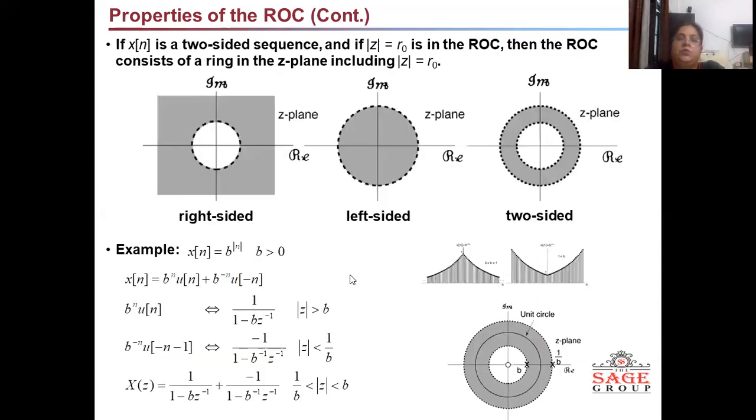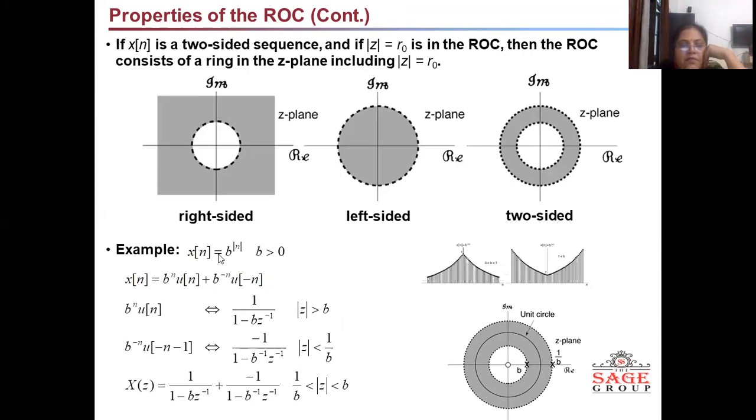If x[n] is a two-sided sequence, meaning it contains all the signal from minus infinity through 0 to infinity, and mod of z equal to r naught is in the ROC, then the ROC consists of a ring in the z plane including r naught.